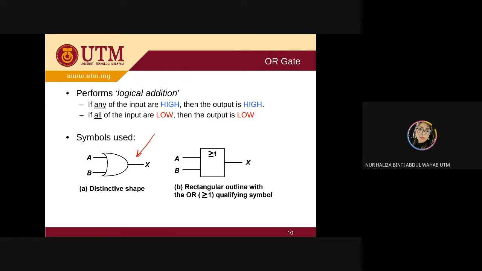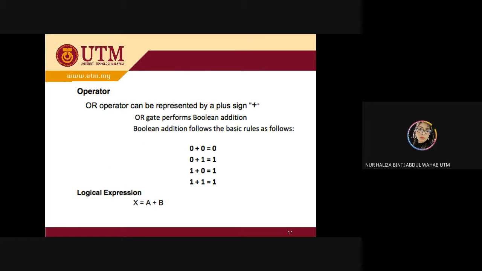And about the mathematical operation, it is similar to adding. That's why there is a plus sign over here. 0 plus 0, 0 plus 1 is similar to whatever we have learned.